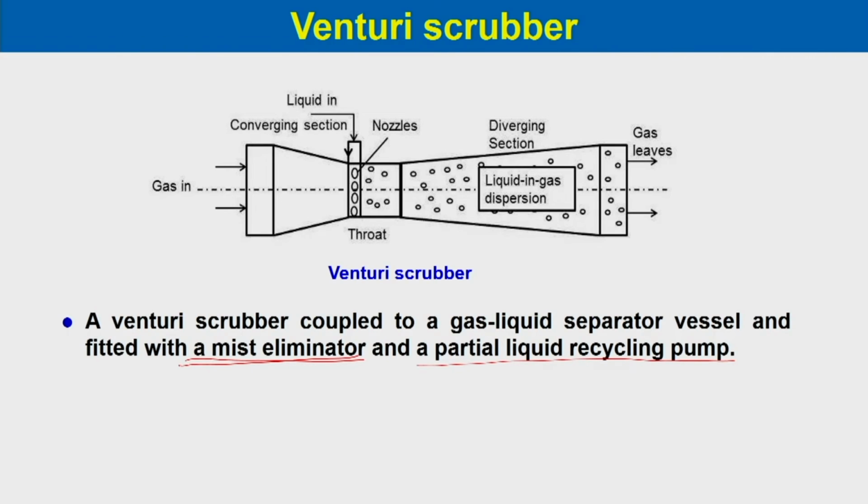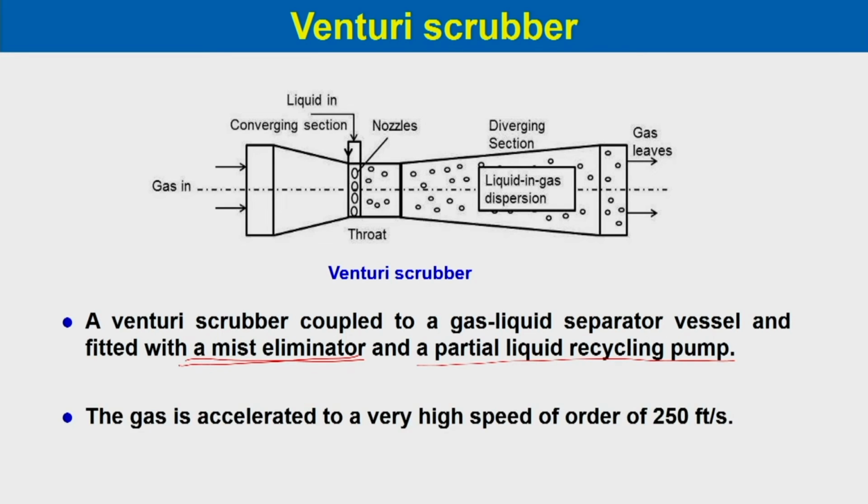So, the recycling pump is also required. The gas is accelerated to a very high speed, of the order of 250 feet per second. So, at a very high flow rate, high speed, it is accelerated.